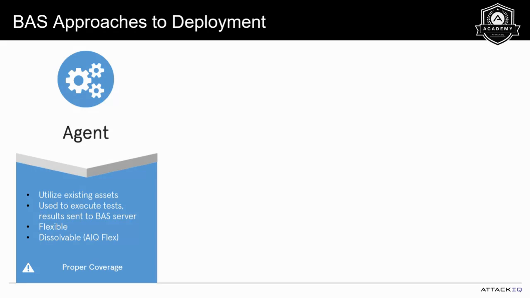Now, the agent executes tests on or from that host and then reports that data back to the BAS server on the success or failure of those tests. Agents are flexible because they allow you to deploy quickly and into specific areas of your environment. So if you're deploying agents in your production environment, you'll want to have a good understanding of how safe this is from your vendor.